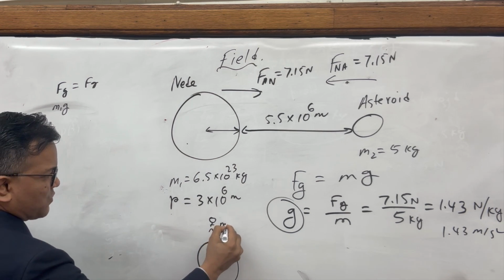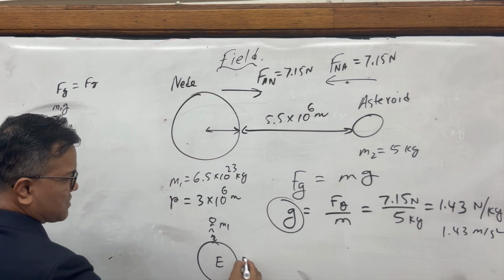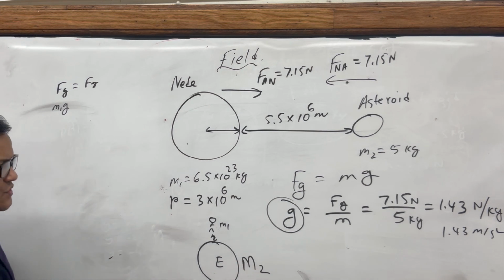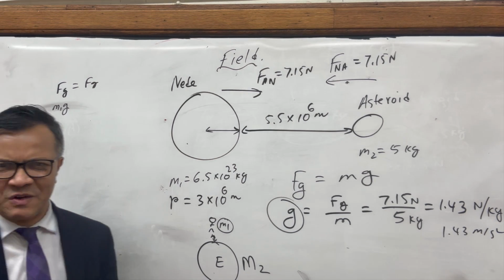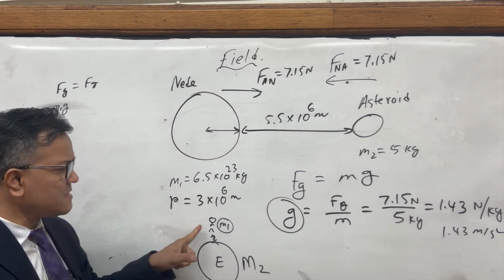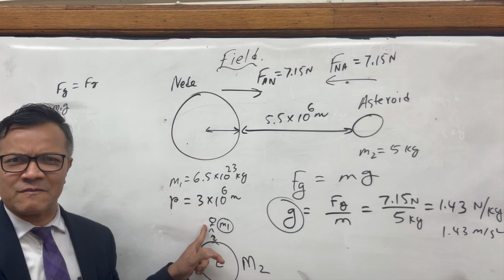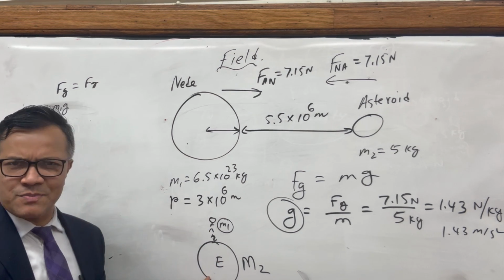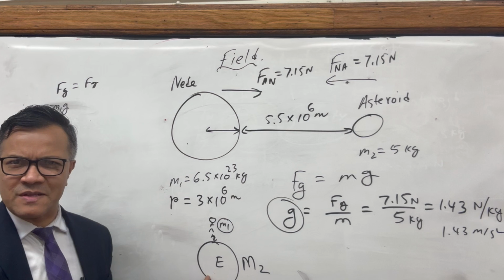So this is mass 1, and this is mass 2. This mass doesn't really create its own gravitational field. This is not big enough to create a gravitational field. However, this mass is big enough to create a gravitational field, right?